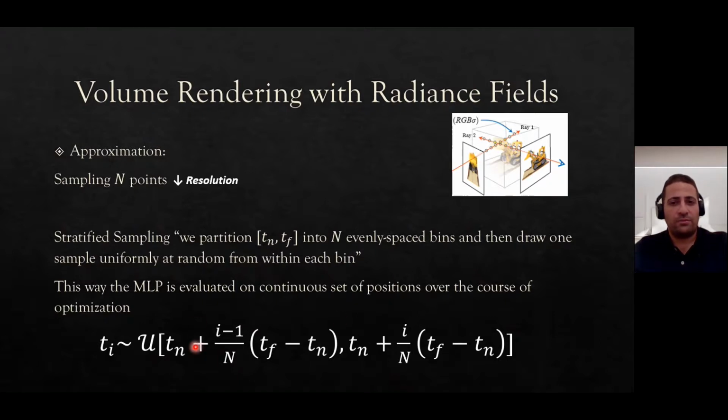And so we have the first point, which is t far minus t near, divided by n, which is the number of bins, multiplied by i minus 1, and then the second point is multiplied by i. So basically, the first term represents, for example, this point if i equals 1, and here i equals 2. The first term represents this point, the second term represents this point, and here we would sample a random sample between the two points. That's basically what this equation means, okay?